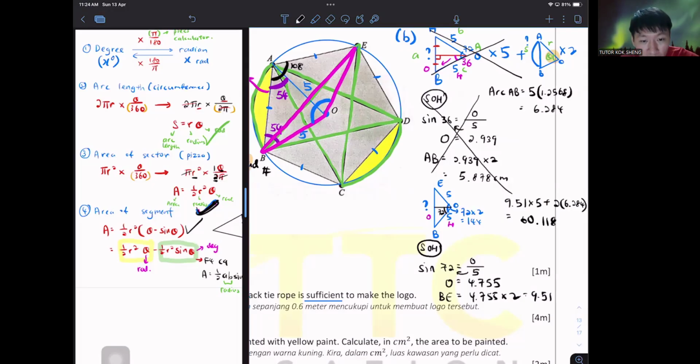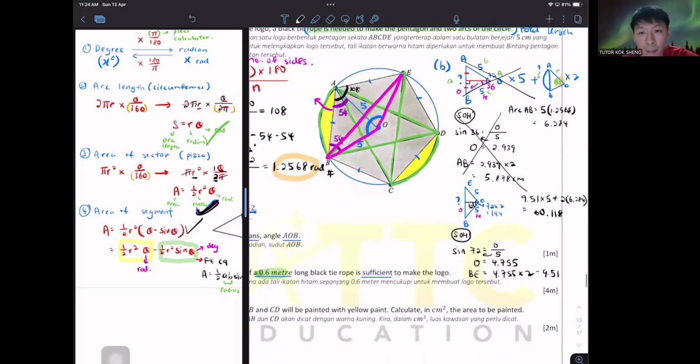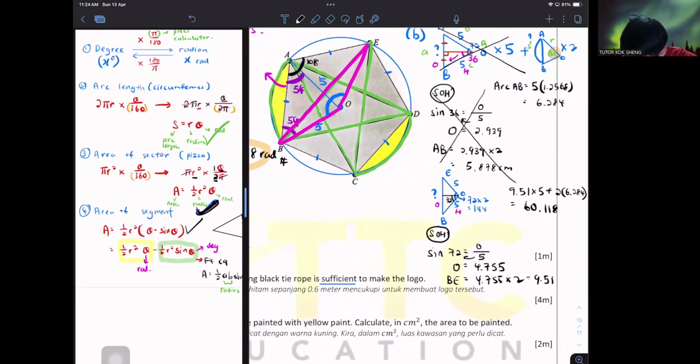But then this length, what's the unit already? This unit is in cm. So if you convert to meter, 0.60118 meter. Okay, makes sense, right?